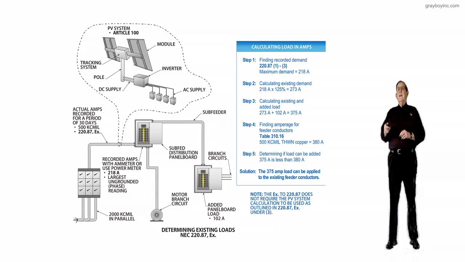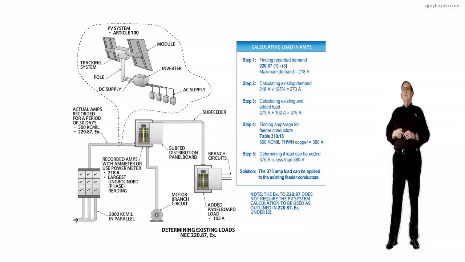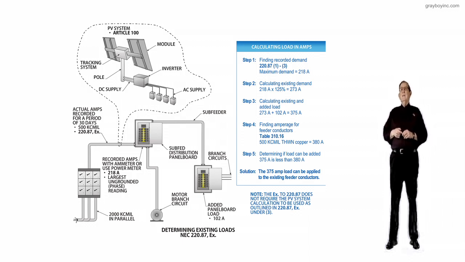Now, notice finding the recorded demand, 220.87, items 1 through 3. Maximum demand is 218 that we have recorded here, where we just went over that information in sub-panel 1 that you see below.